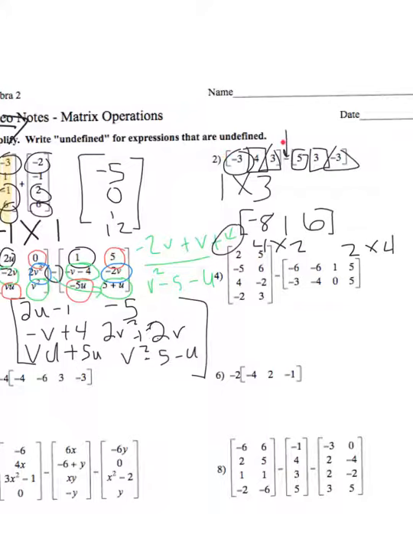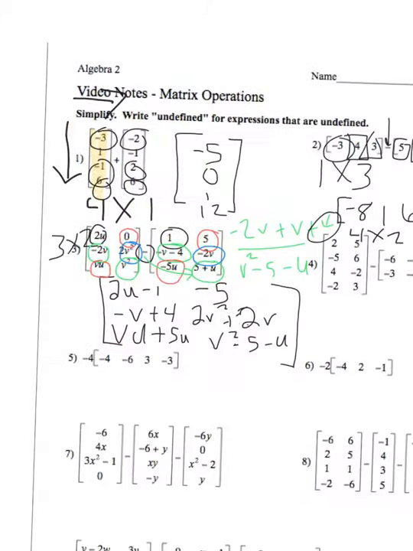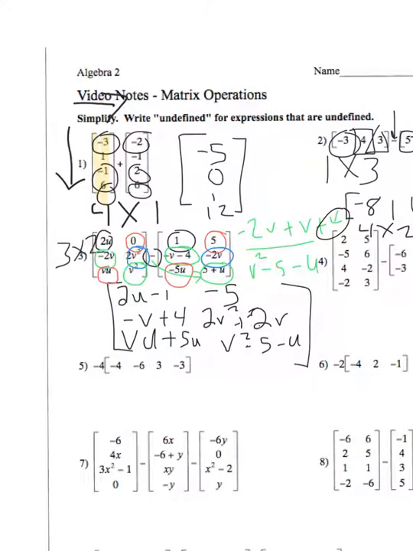Here we have a 1 by 3, a 1 by 3, we got a 1 by 3. Here we have a 2 by 3, we subtracted a 2 by 3, and we got a 3 by 2, a 3 by 2, and we got a 3 by 2.